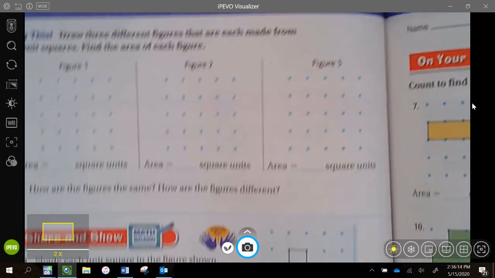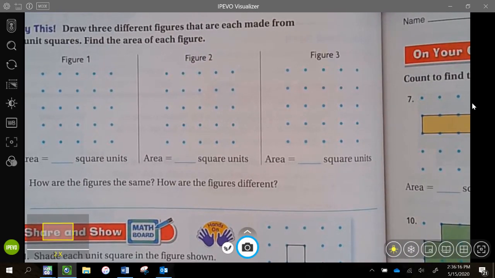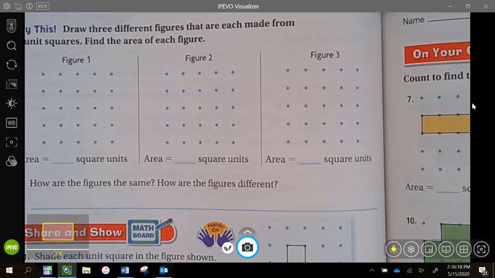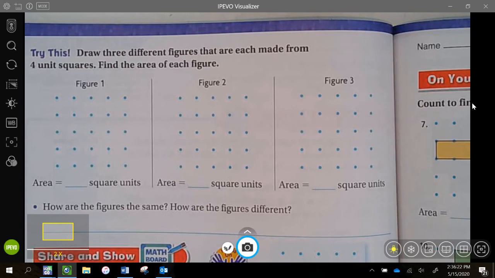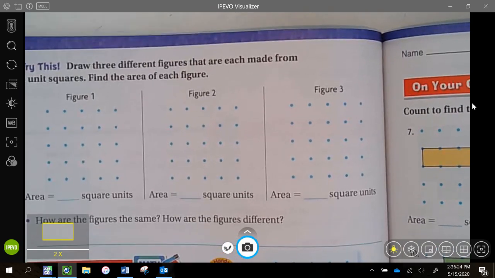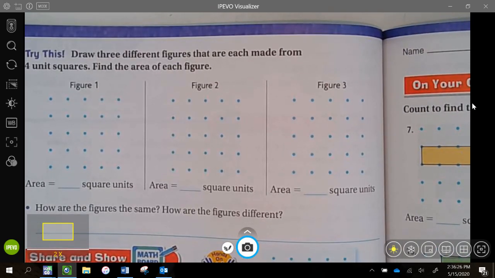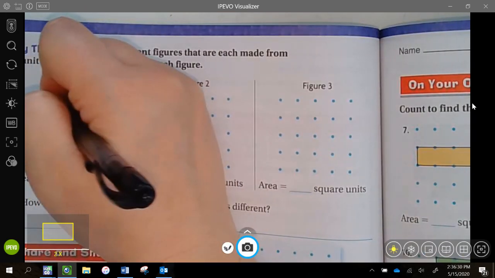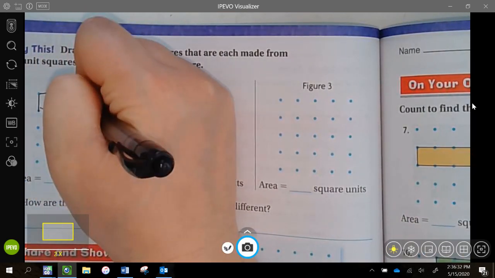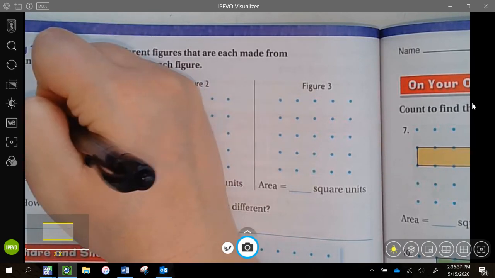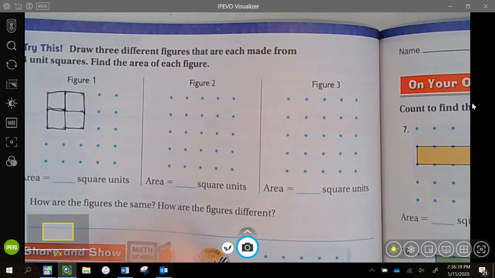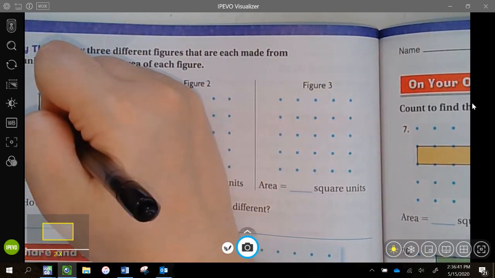So here, what it wants us to do is draw 3 different figures that are each made from 4 unit squares, okay? All of the area is going to be 4 square units, but we're going to make them differently. So this one, I'm just going to start and make it like just a big square, okay? Like that. So that's just like a big square. 1, 2, 3, 4.